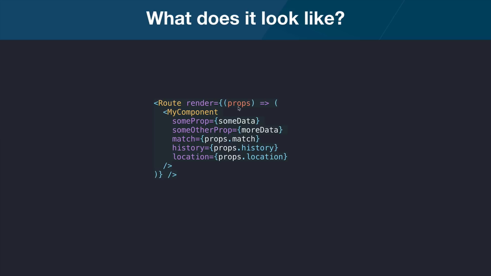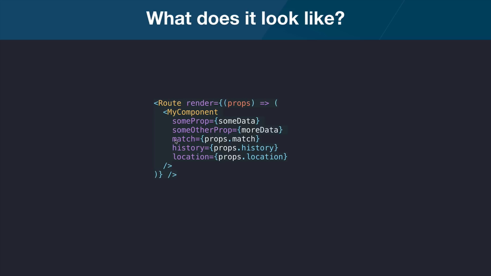So this is where the explicit portion of that comes in. Now, this would be very tedious if we had to write match equals props.match, history equals props.history, location equals props.location, especially if this were a class component and we had to use this.props.match and this.props.history and this.props.location.